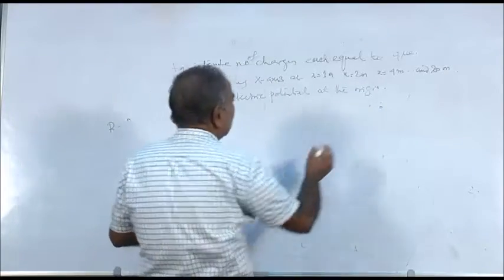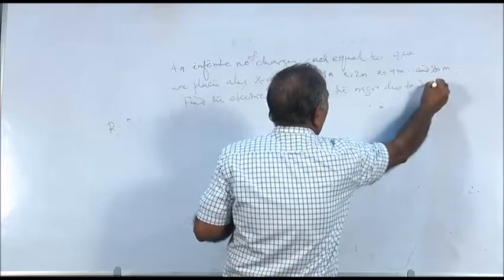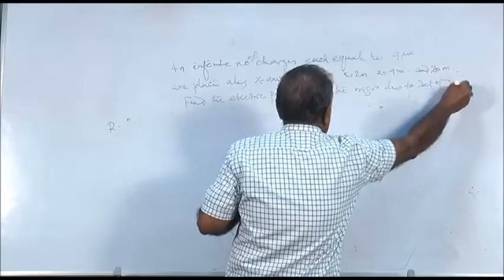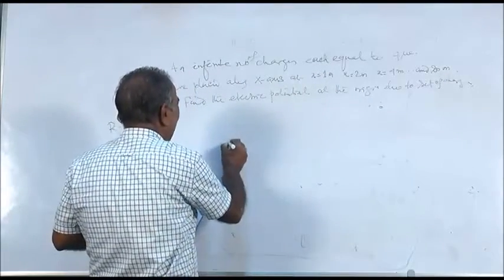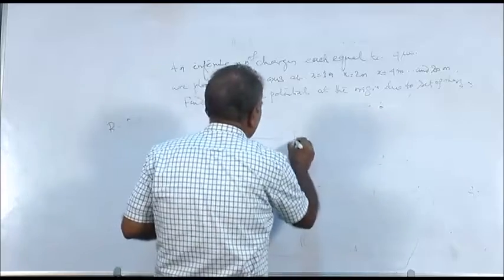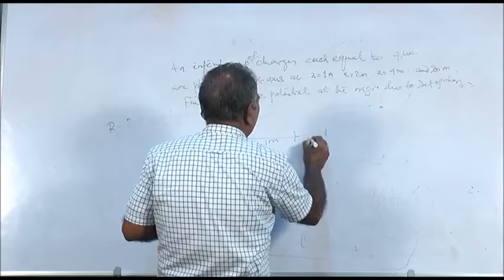Due to this set of charges, we have taken O as the origin, and this is at a distance of 1 meter. This is at a distance of 2 meters.